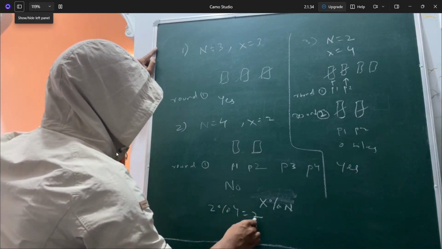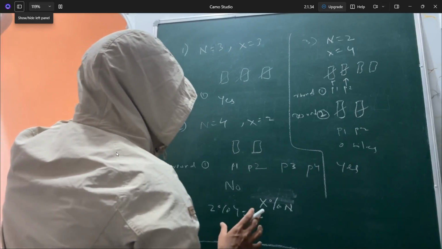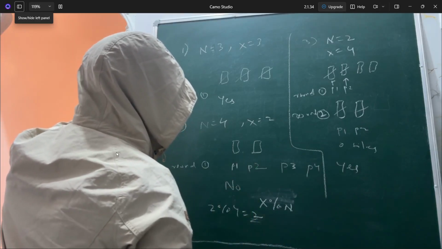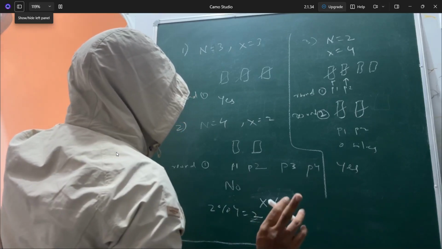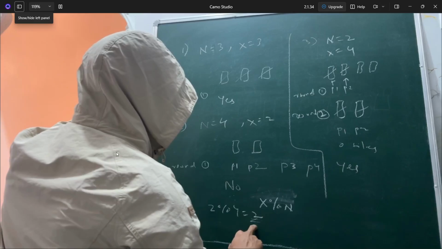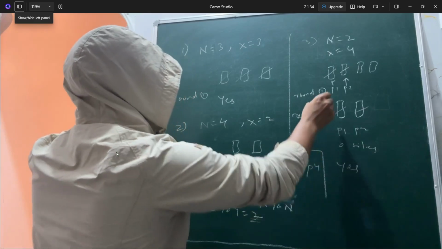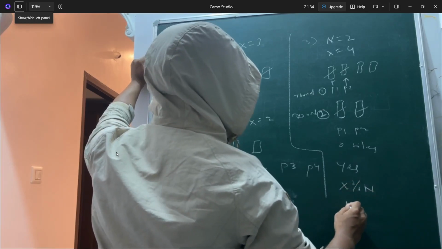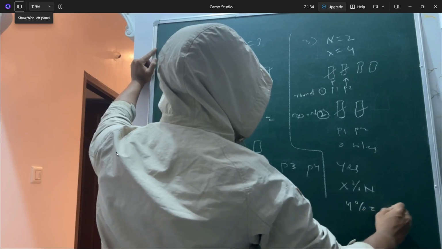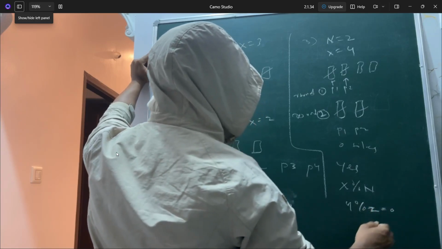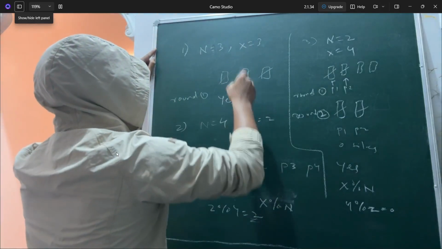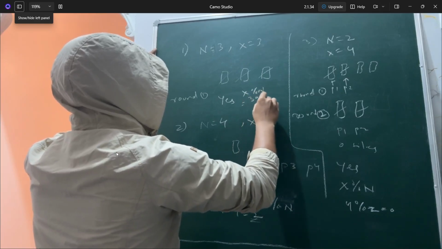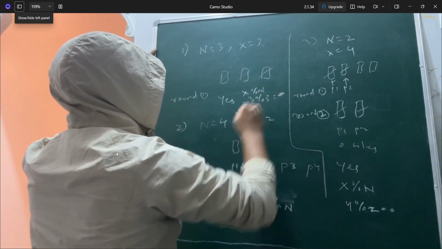So what this means is that in any round there are 2 tiles which are remaining. So what they were saying in the question is that no tiles should be remaining. But if you see this one, 4 modulo 2, which is 0. So in this case we'll have to return yes. If you see this one again, X modulo N, this will be 3 modulo 3, which is 0. Got it?